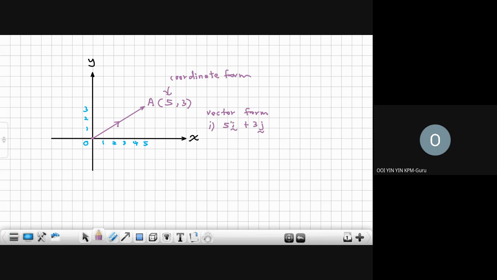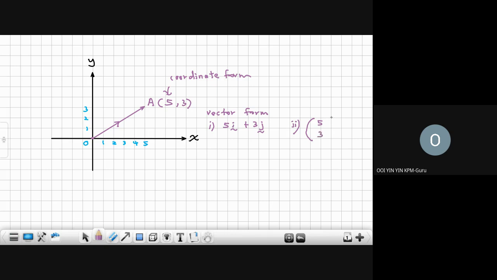The second form, as I said, we also call a vector form, but not in i and j, it is in a bracket. The upper one will be your x coordinate, which is your 5i, the horizontal distance, at the upper side. Below here is your vertical distance.